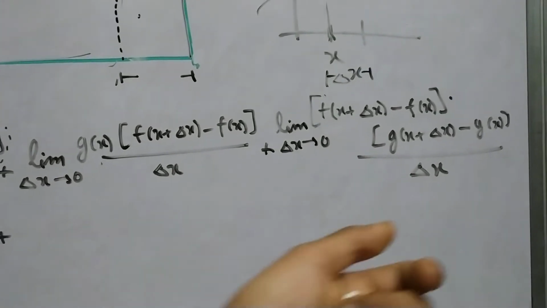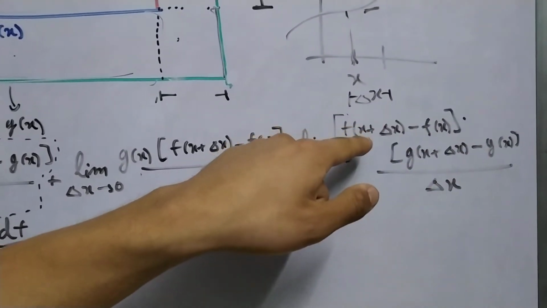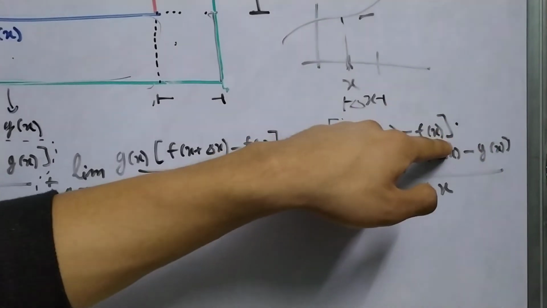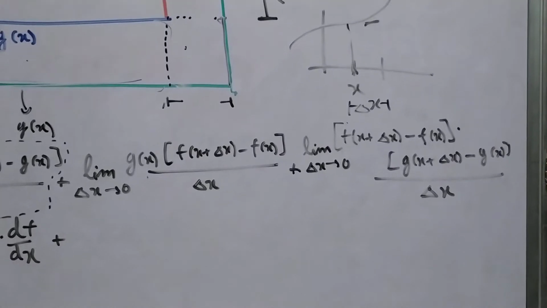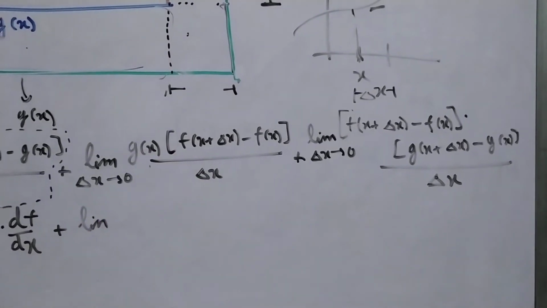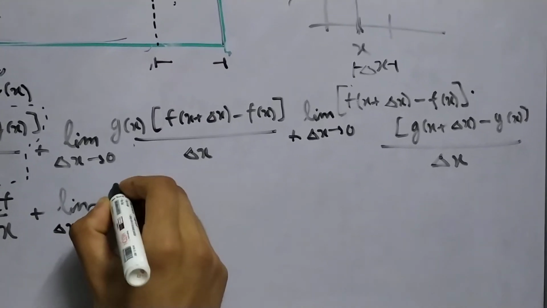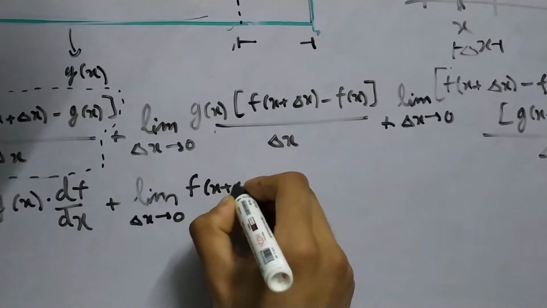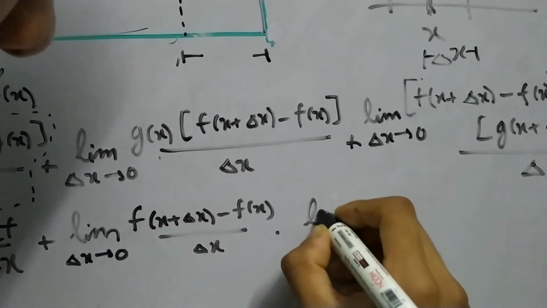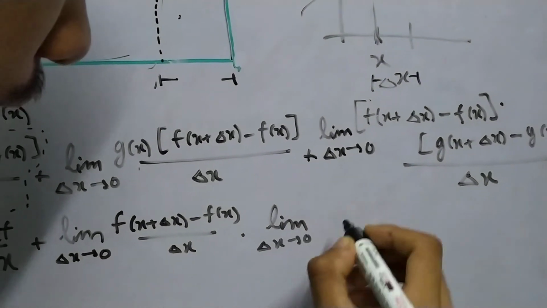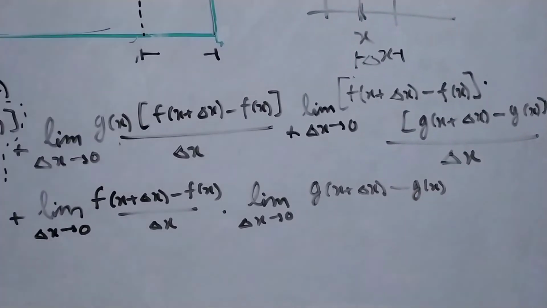Now for this you should combine delta x with one of those terms, either the terms involving f or the terms involving g. You will get the same result. So I am combining this with f: when delta x approaches 0, f of x plus delta x minus f of x divided by delta x, times the limit as delta x approaches 0 of g of x plus delta x minus g of x.